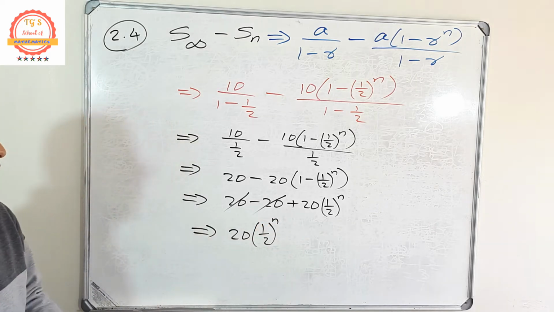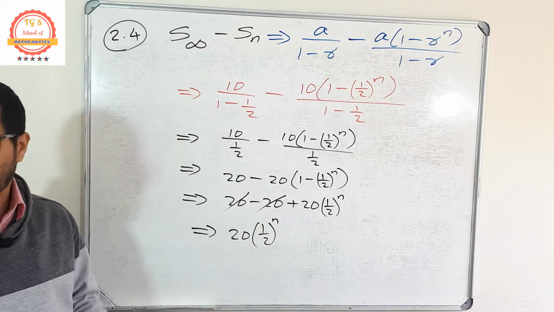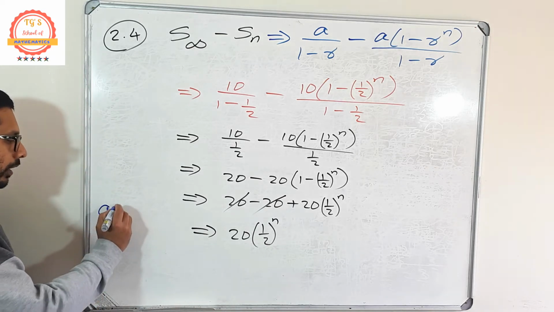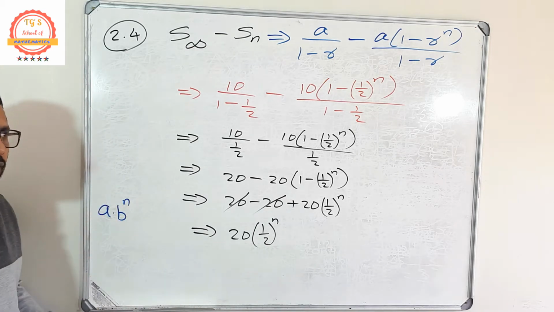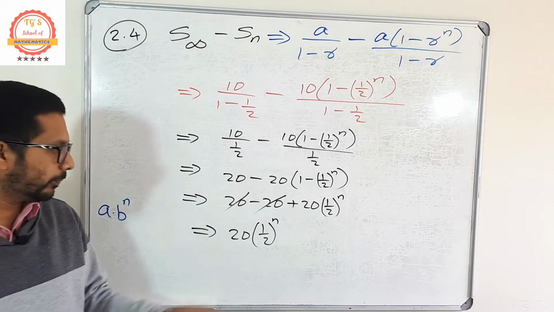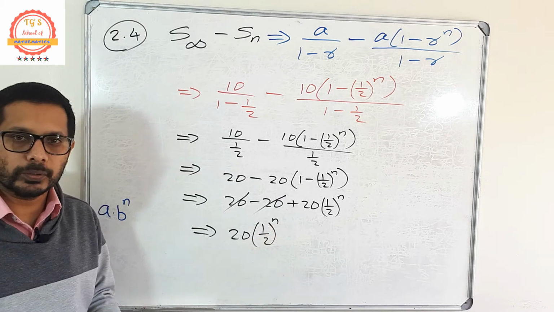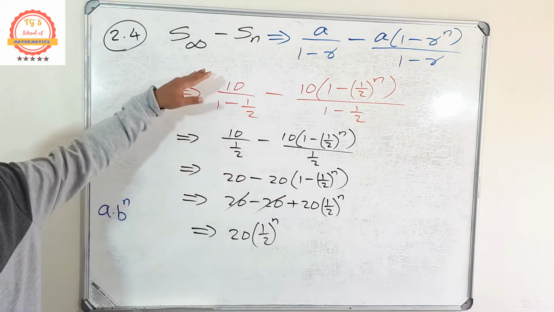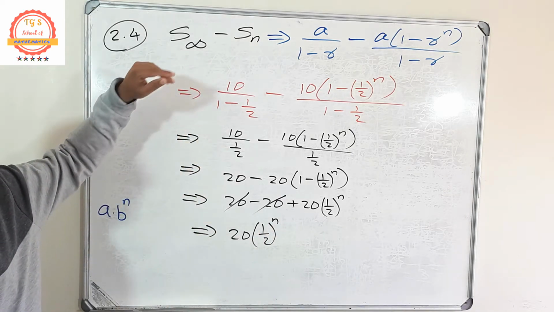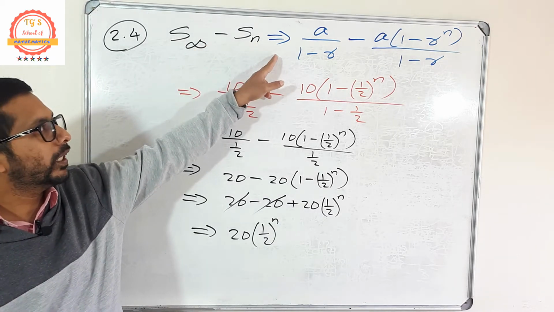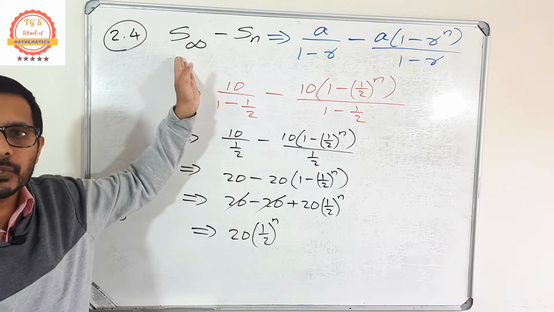So now we can see the answer. Do you remember the question was to write the answer in terms of a b raised to n? Here the answer is in terms of a b raised to n. This is the question: sum to infinity S infinity minus Sn. What is the formula to find the sum to infinity?